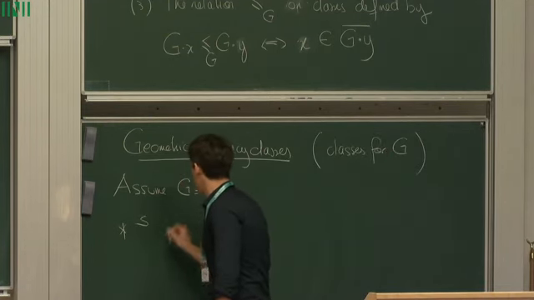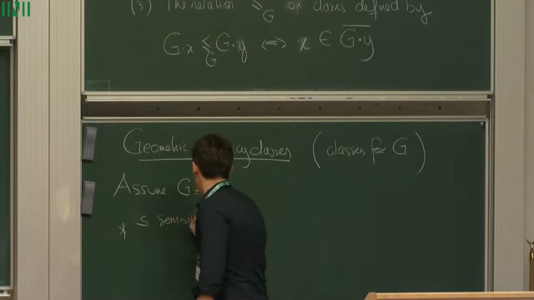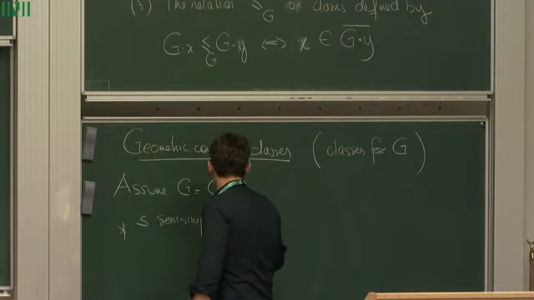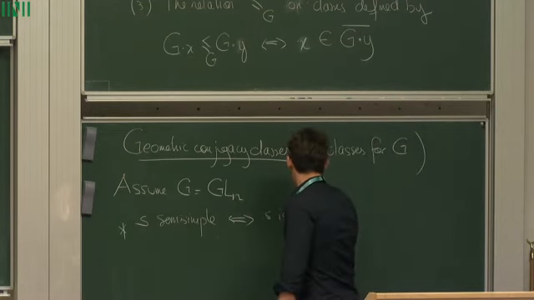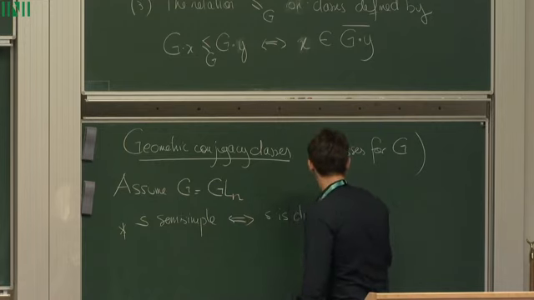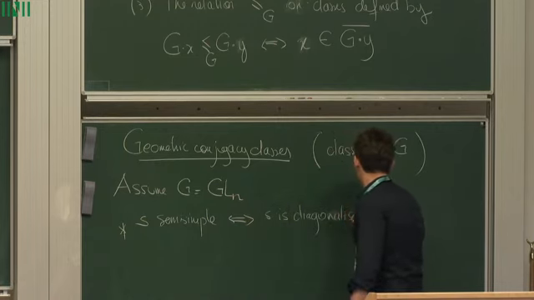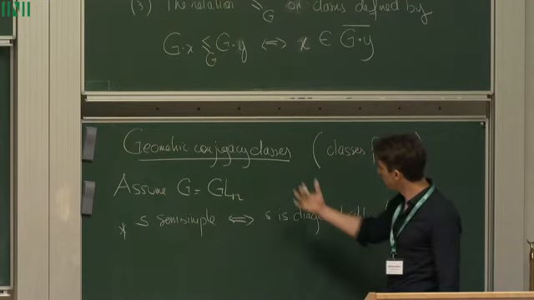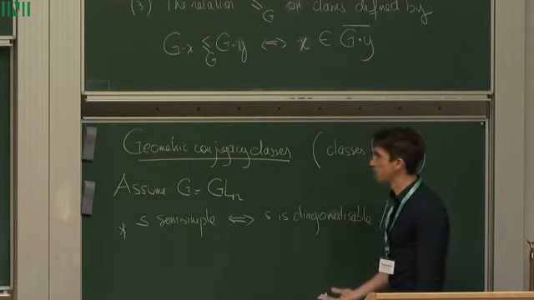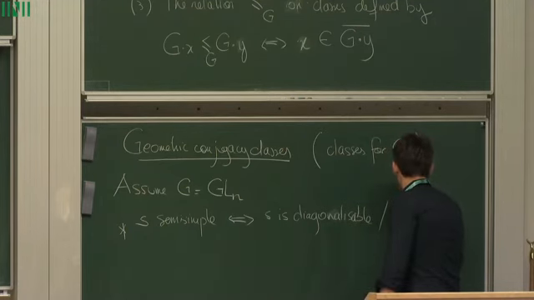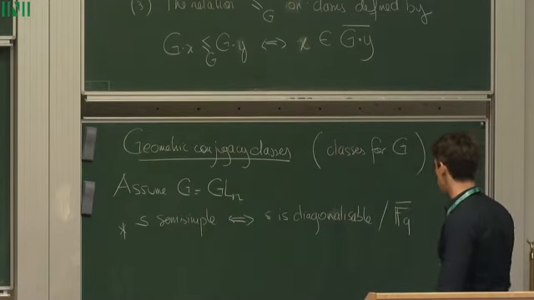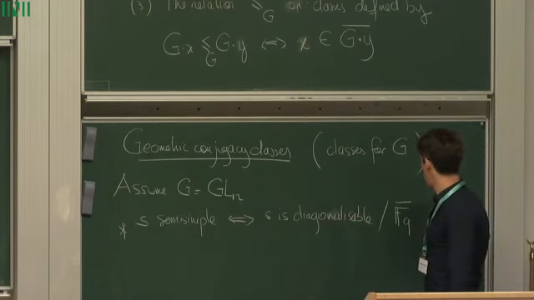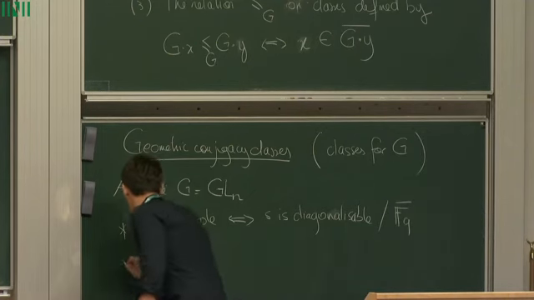The first kind is the semisimple elements. So s will be semisimple in GL_n if and only if it is diagonalizable over, by GL_n I mean GL_n over an algebraic closure of F_q. So that would be a semisimple element, just conjugate to a diagonal matrix with eigenvalues in an algebraic closure of F_q.